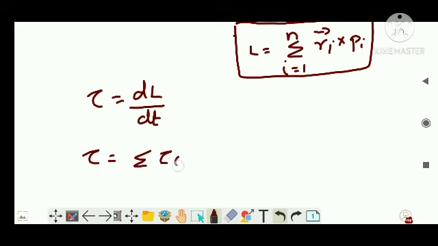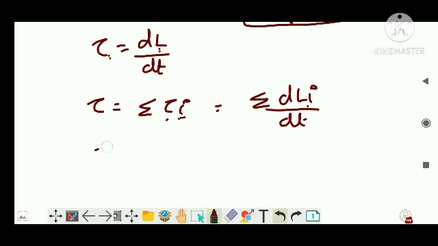Similarly, torque is a sum of individual torques of individual particles. So torque Ti can be written as dLi by dt. Here there is no suffix, so dL by dt. Here there is an i suffix, I just made it into the symbol sigma, right?